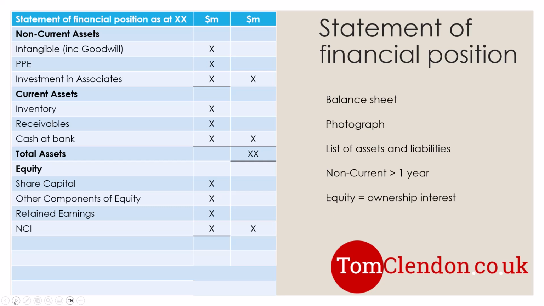Retained earnings are the earnings that have been retained. Retained earnings are your accumulated profits. The profits that have gone through the P&L and not been distributed by way of dividend.